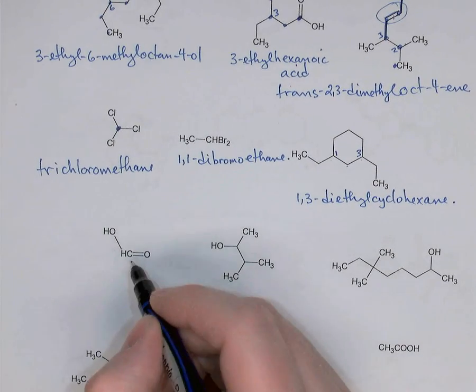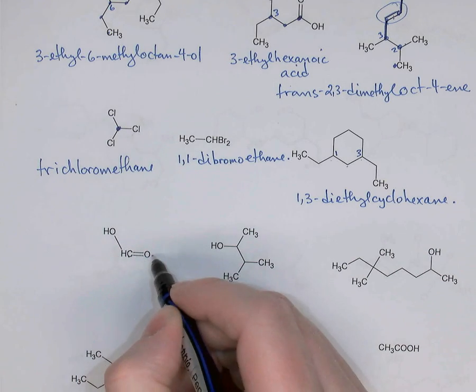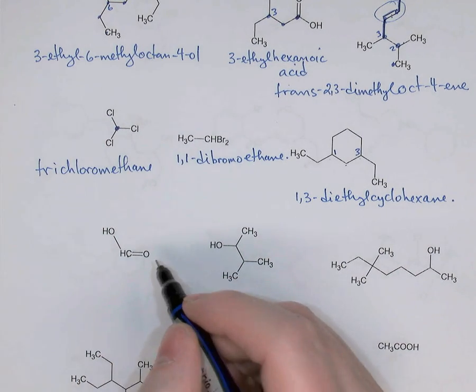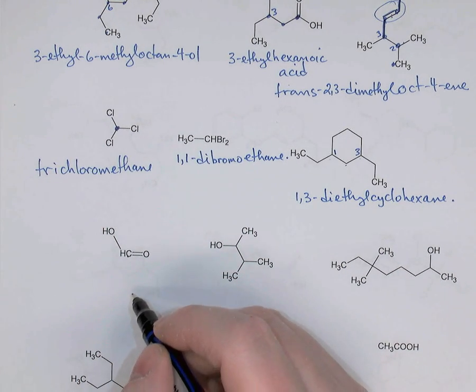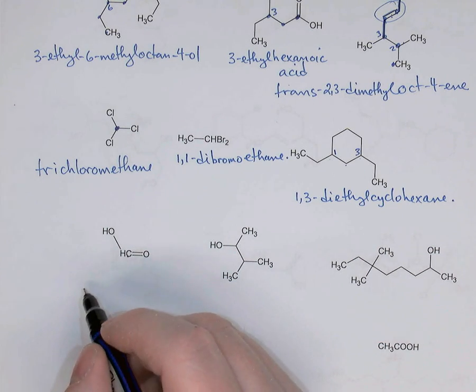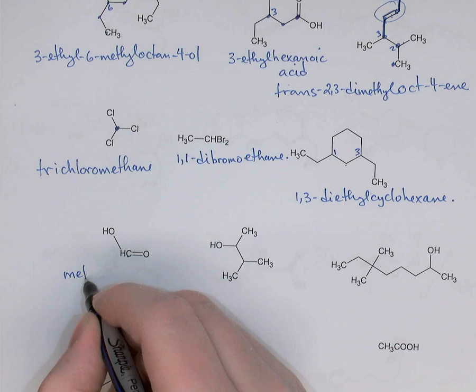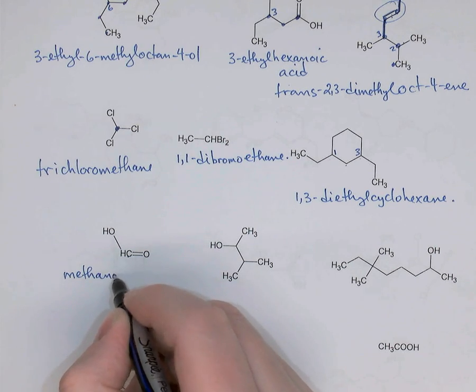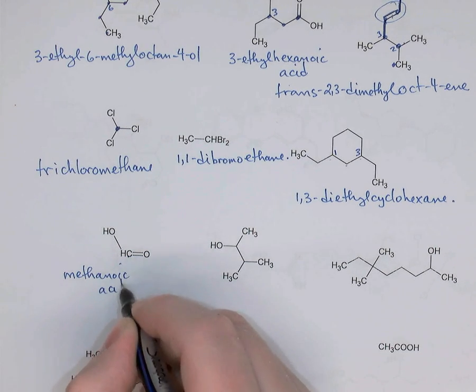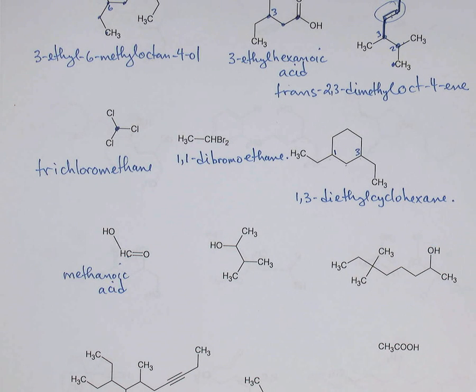Next we've got a single carbon with a double bond O and an OH. So this is a carboxylic acid with 1 carbon. 1 carbon is methane, so therefore this is methanoic acid. A common older name for that was formic acid as well.